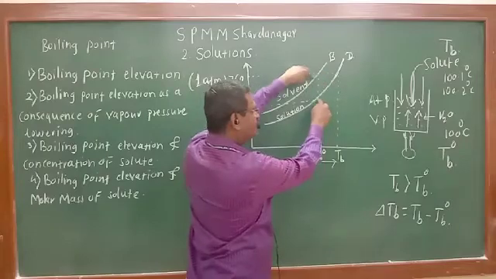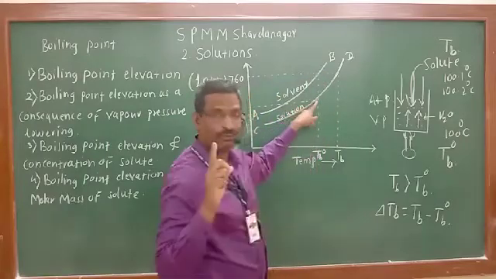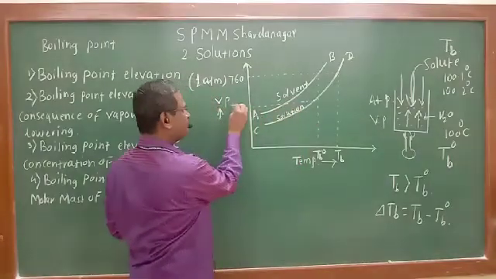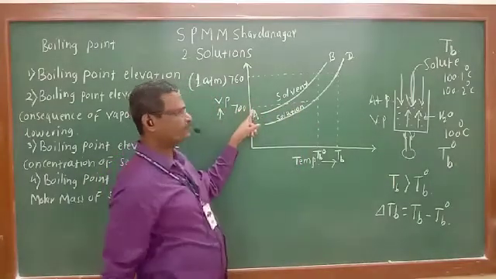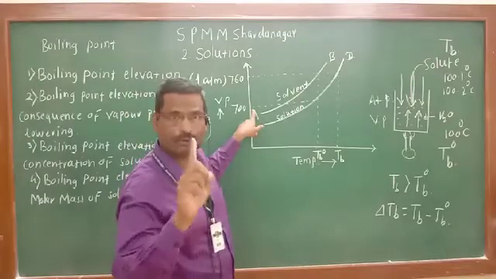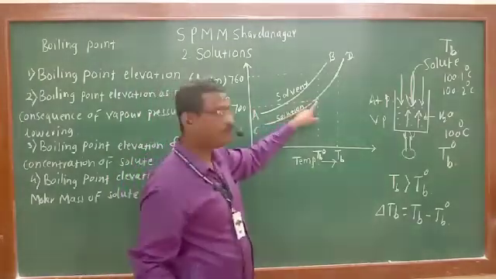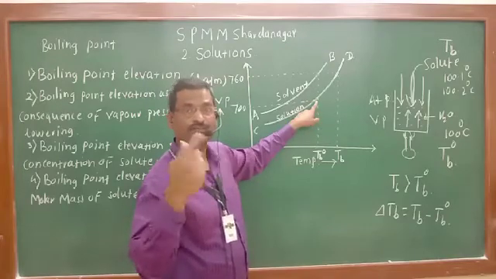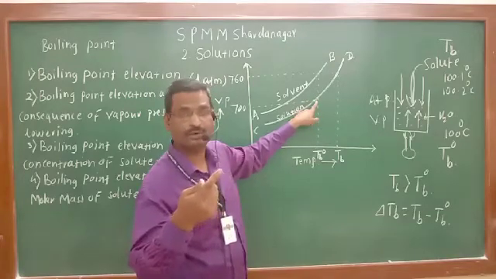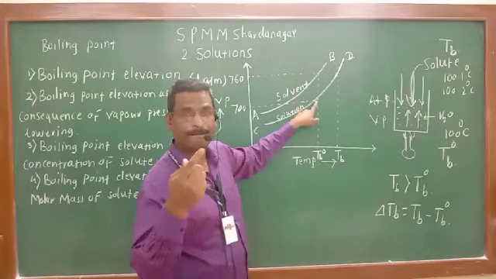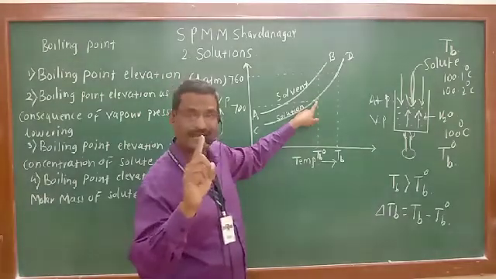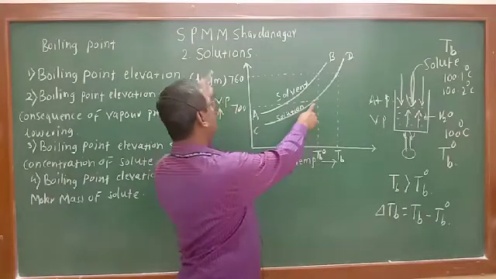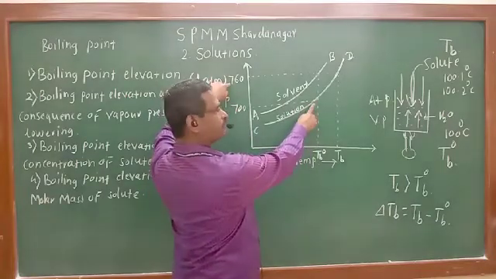But at the same temperature, what about the vapor pressure of the solution? The vapor pressure of the solution is over here, maybe 700. Is it 1 atmosphere? No. So can the solution boil over here? No. The solution is not boiling, because for boiling the solution, what is the criterion? The criterion is that the vapor pressure of the solution should also be equal to 1 atmosphere.